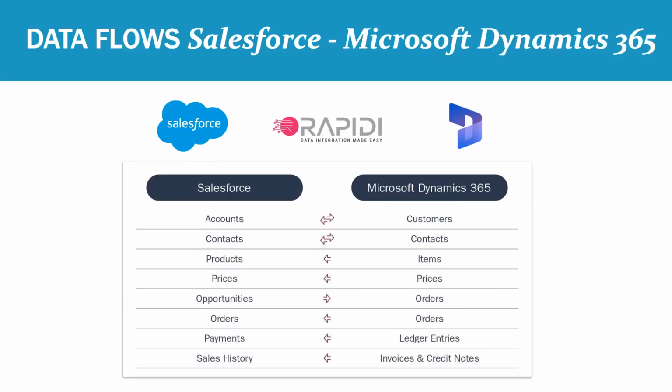The mapping templates and the data flows that you see here are the most common ones. If you have a standard process, you can use them as they are, and you will be able to go live very soon. If you have a more customized process, then you don't need to worry. You can definitely use the mapping templates as a starting point and adjust them according to your needs.